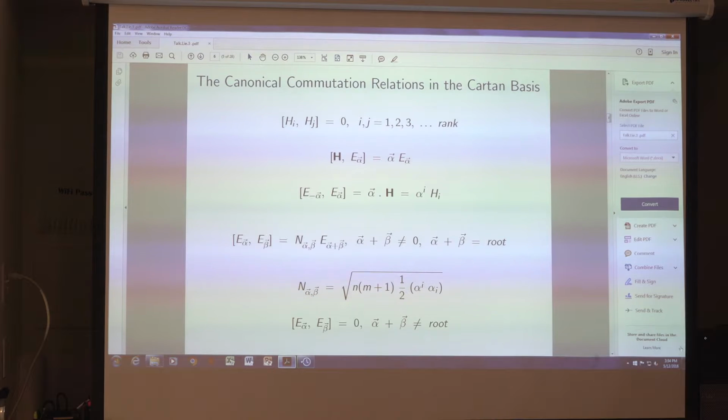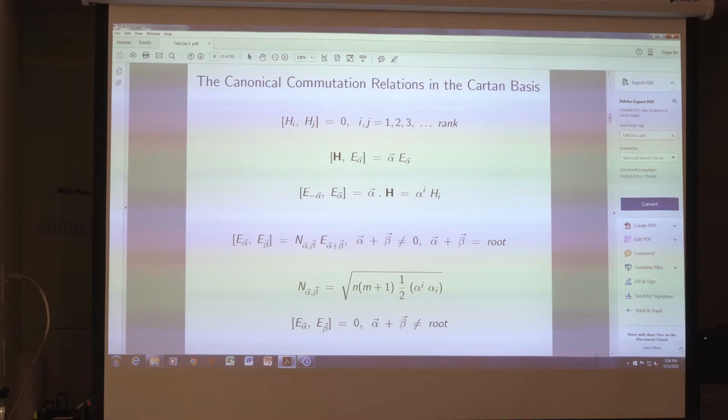Gluon plus quark equals what? Is it a root? Is it some other particle? Yes, it's a quark with another color. If alpha is a gluon and beta is a quark, then the commutator gives the quark. I understand the color has changed.